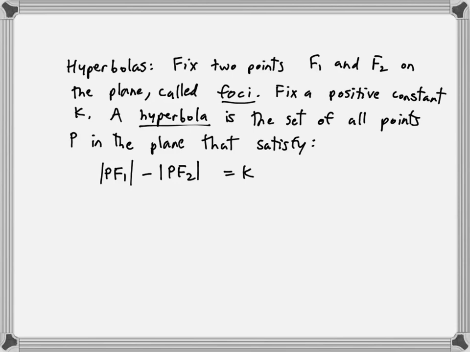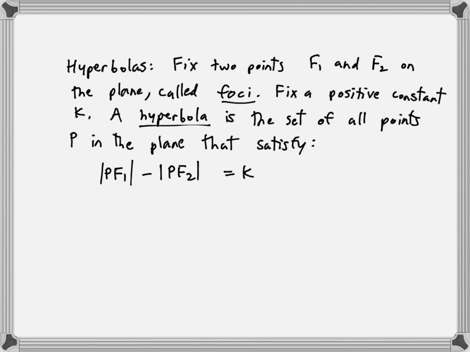You'll notice this is just like our old definition for an ellipse, except it's a minus instead of a plus. Now, you might be noticing, wait a minute, this would create something asymmetrical, right? Because the subtraction is only going one way. How do we decide which is the first one? So we don't actually care what the order of the subtraction is here.